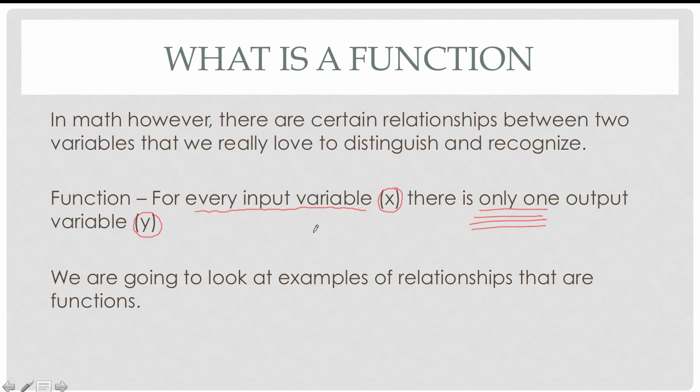We give it a special name. We're going to look at a lot of different examples of relationships between two variables that we would actually classify as functions. That's the big idea. You want to write that definition down: for every input variable x, there's only one output variable y.